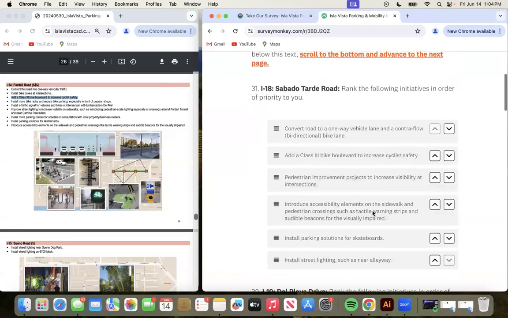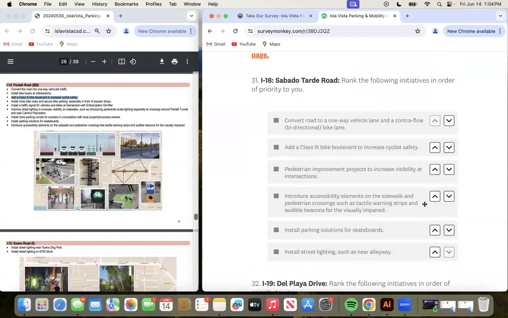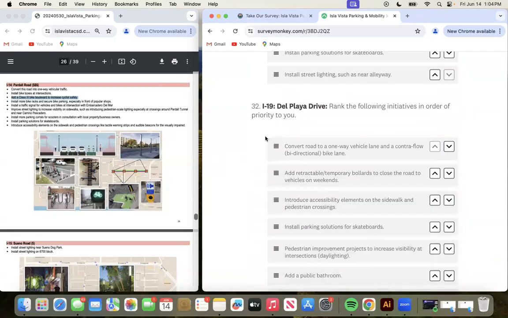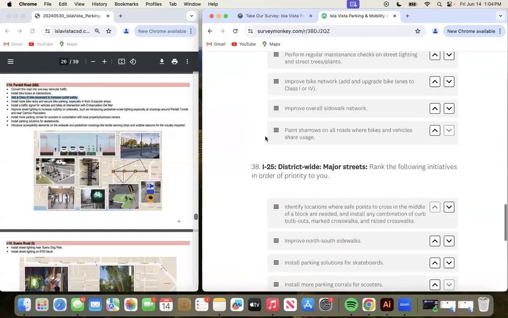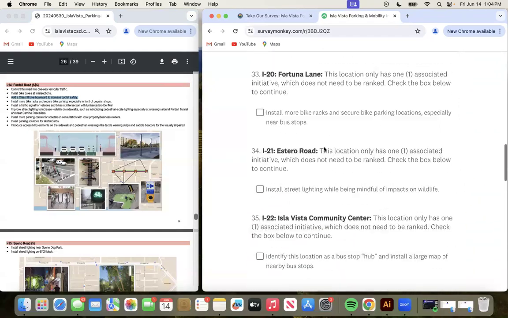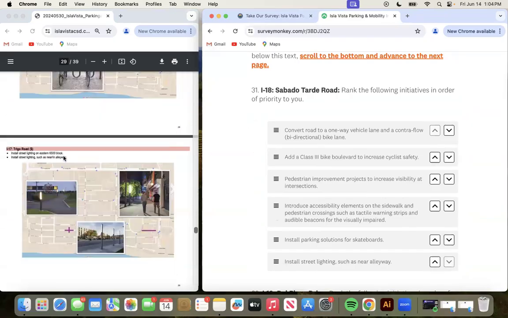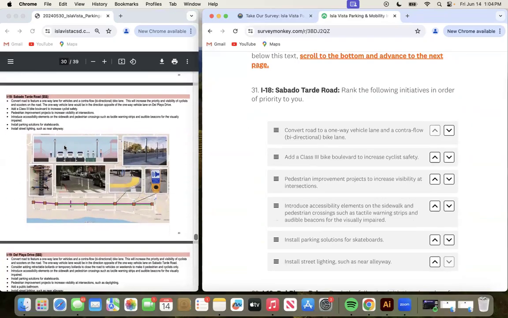And so same thing, you're going to answer about Sábado Tarde. You're not going to answer about any of the locations listed below. This was just an interface issue that we ran into. But for example, Sábado Tarde is your next location. You're going to find I-18 Sábado Tarde on the packet.